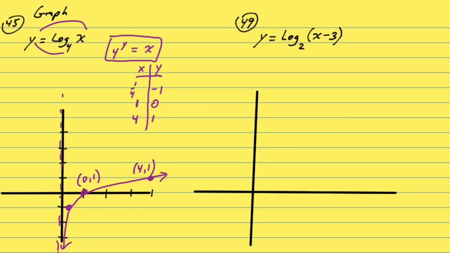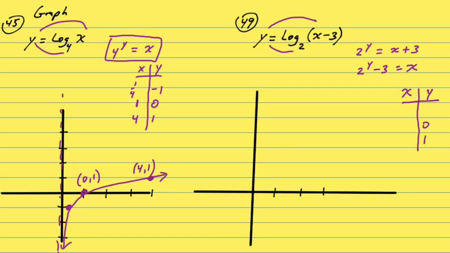How could I write 49 exponentially? Well, could I do 2 to the y equals the argument? So I think I could do 2 to the y equals x plus 3, right? So 2 to the y minus 3 would equal x. Again, let's make an xy table, but let's choose values for y. How about 0 and 1?